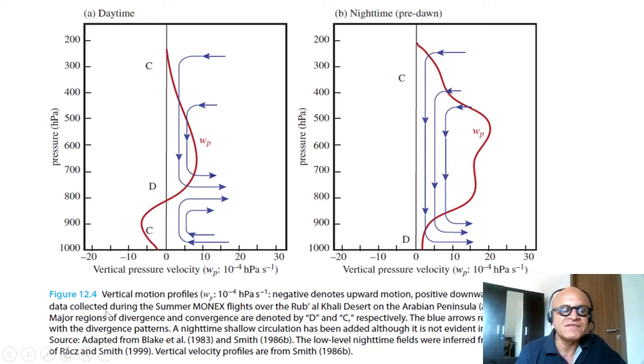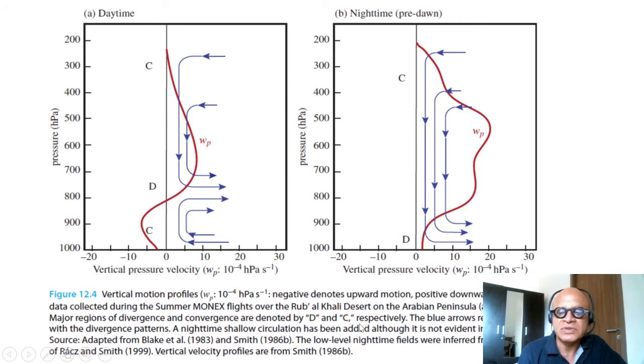Calculated from aircraft data collected during summer MONEX experiment flights over Rub al Khali Desert on the Arabian Peninsula way back in the late 70s, I think. In daytime and pre-dawn, major regions of divergence and convergence are denoted by D and C. So you have convergence here and divergence here, and a little convergence over there as well.